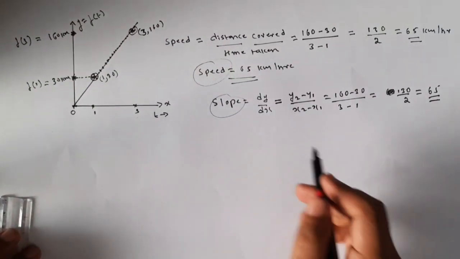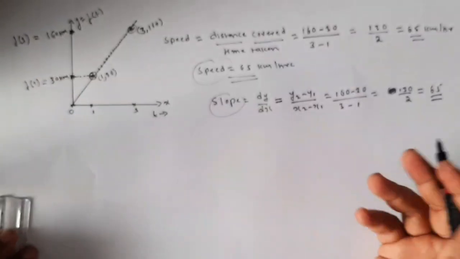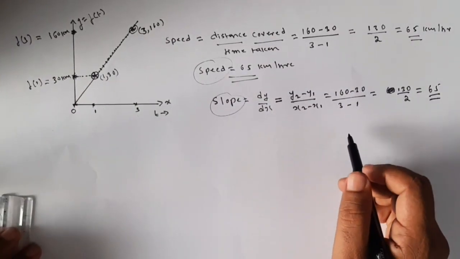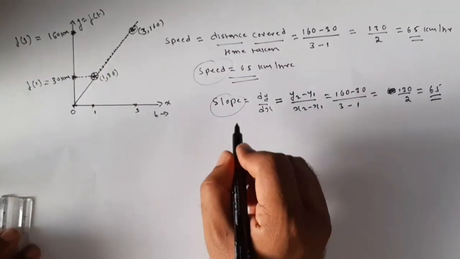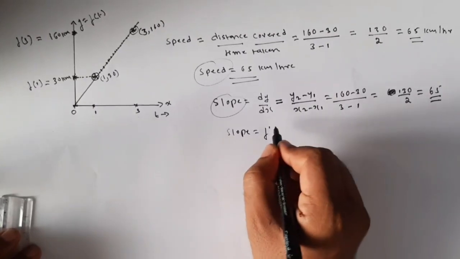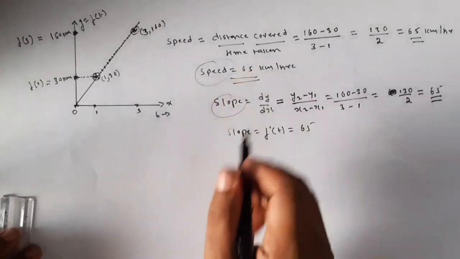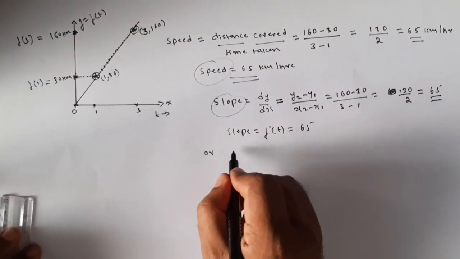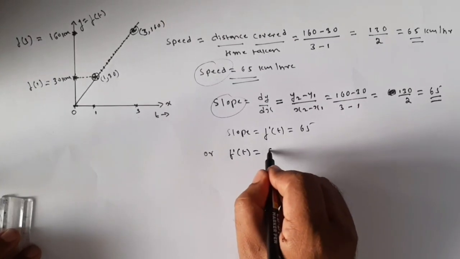Clear? So here, see, dy by dx we have taken. dy by dx is also written as f dash of x. In this example, we have taken f of t, so we can write slope is equal to f dash of t. f dash of t is equal to 65. Or we can say speed, that is, f dash of t is equal to speed.